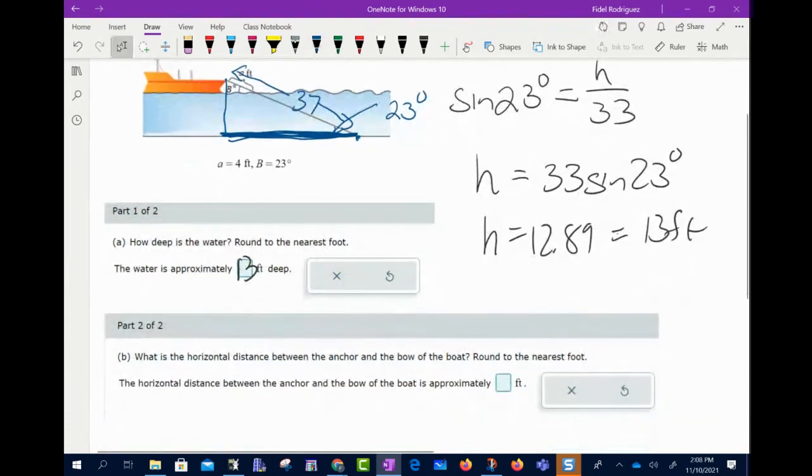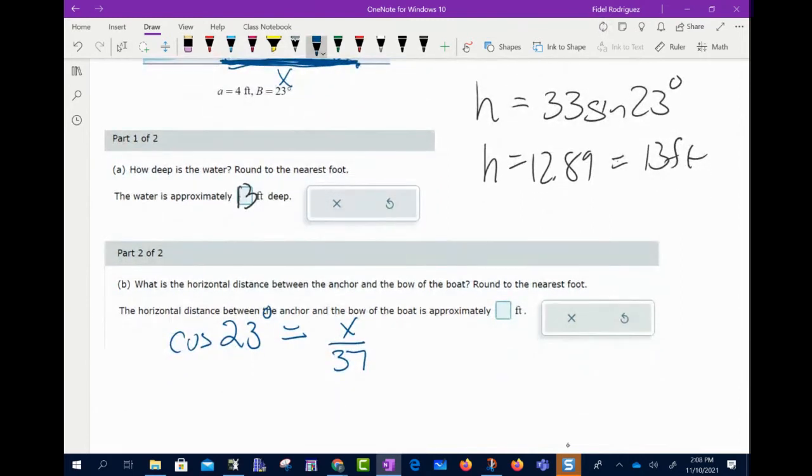So wouldn't we say that the cosine of 23 degrees is equal to the adjacent side, let's call it x, over the hypotenuse, and the entire hypotenuse is 37, right? And so now we're going to solve for x, so x is equal to 37 times the cosine of 23 degrees.